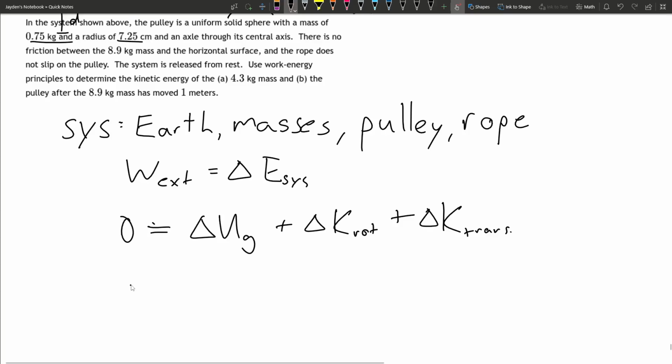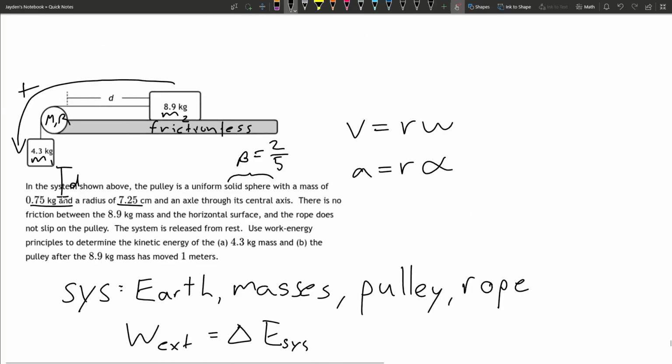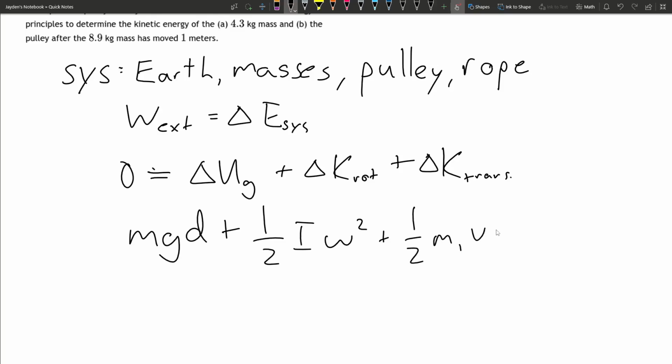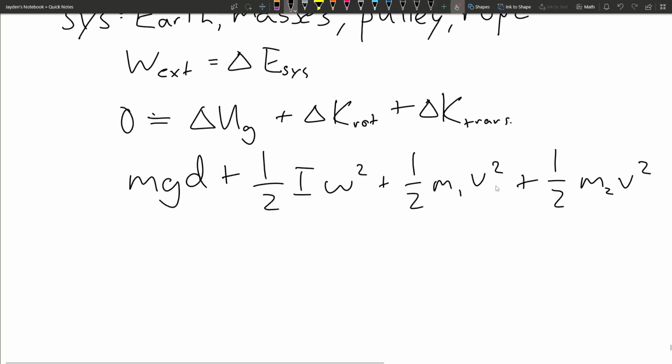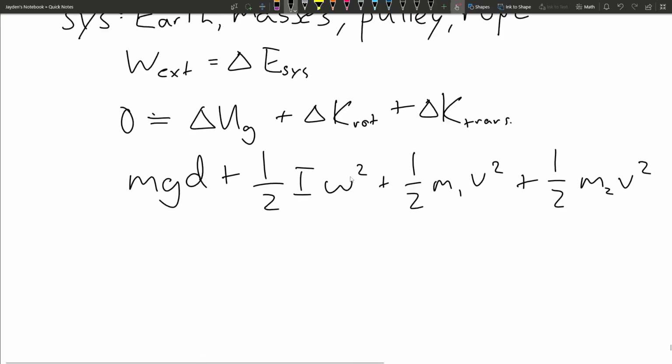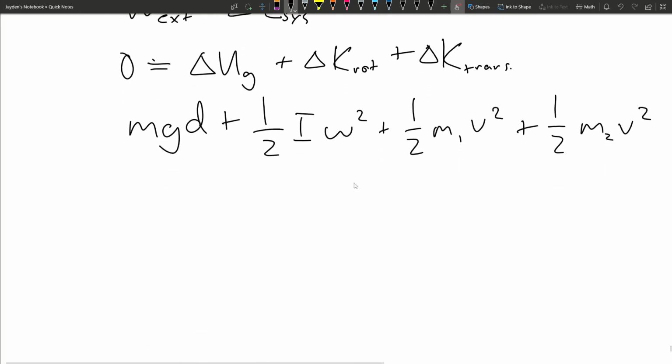So we can say mgd, because down is the positive direction, d final is, let's say this is 0, it moved d, plus rotation, which is just going to be the pulley, which is 1/2 I omega squared, and the translational, so it's going to be 1/2 m1 v squared plus 1/2 m2 v squared. The reason that the v's are the same is because due to the rope not stretching, they're moving at the same speed.